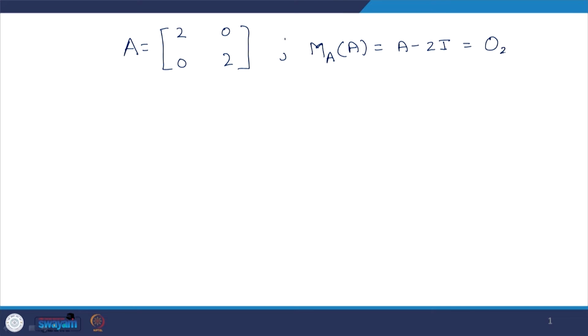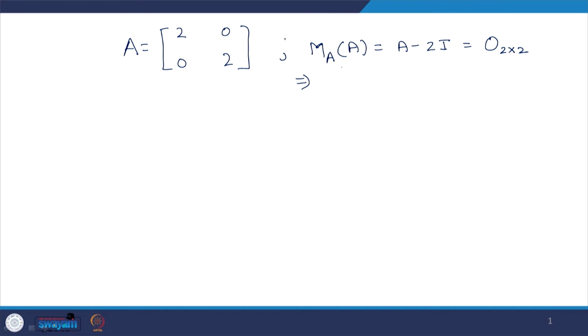Here A equals 2 0 0 2, then m_A of A becomes A minus 2I, and this equals the 2 by 2 null matrix.